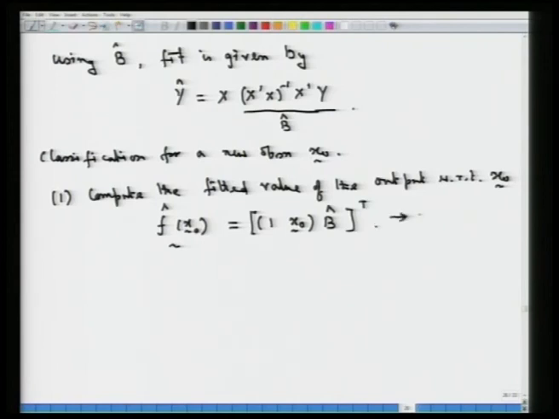So this is going to be a k vector. Corresponding to the ith indicator variable, this gives us the ith entry of this k by 1 vector.